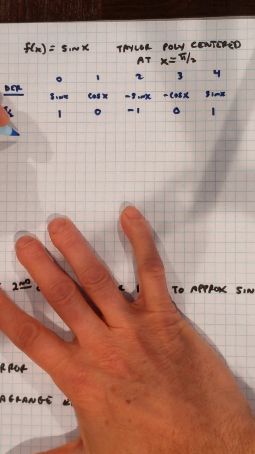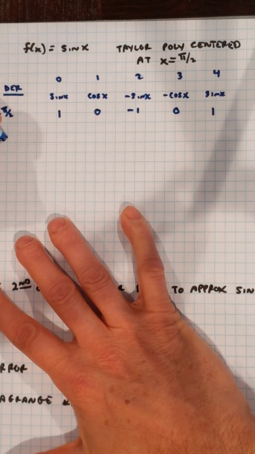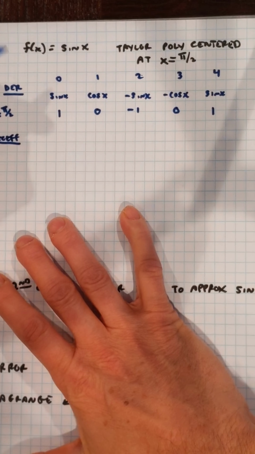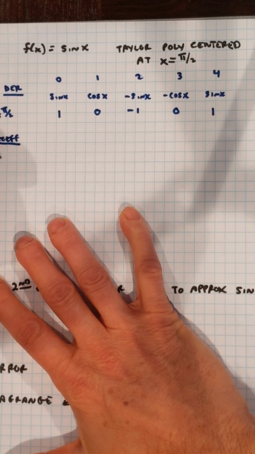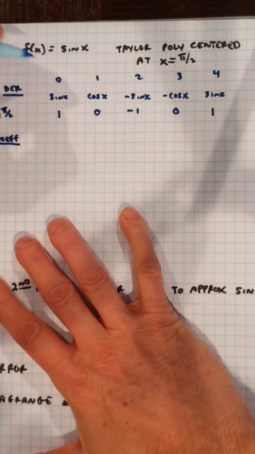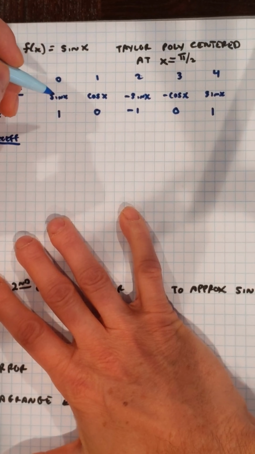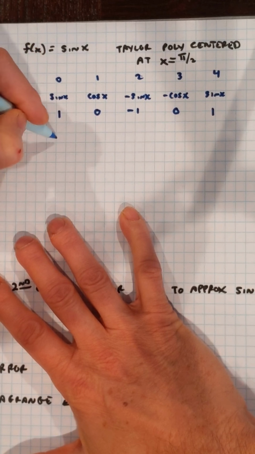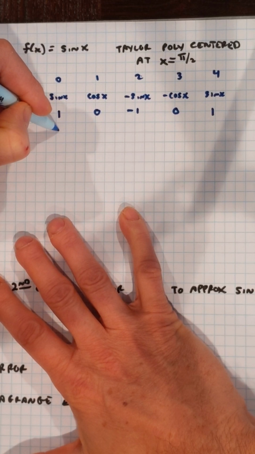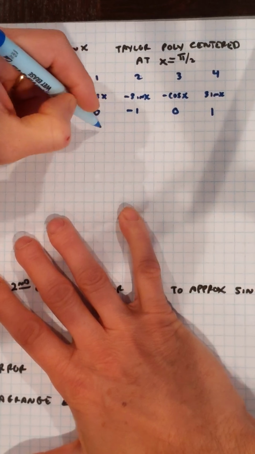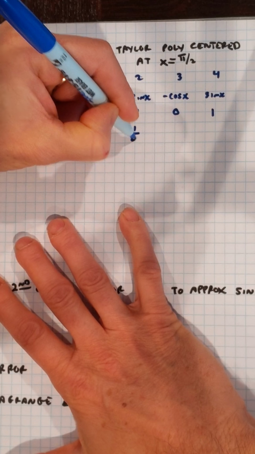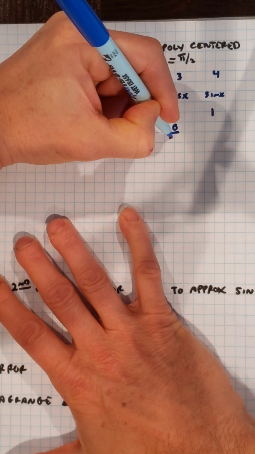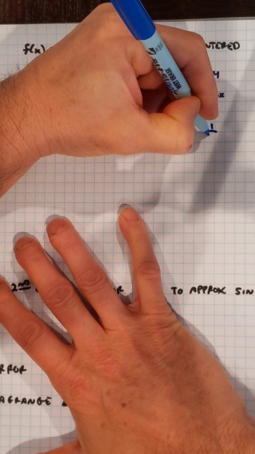The next component is the coefficient part. We need the number in front of the x terms, and to get that you divide by the factorial. The first is 1 divided by 0 factorial, then 0 divided by 1 factorial, negative 1 divided by 2 factorial, 0 divided by 3 factorial, and then 1 divided by 4 factorial.